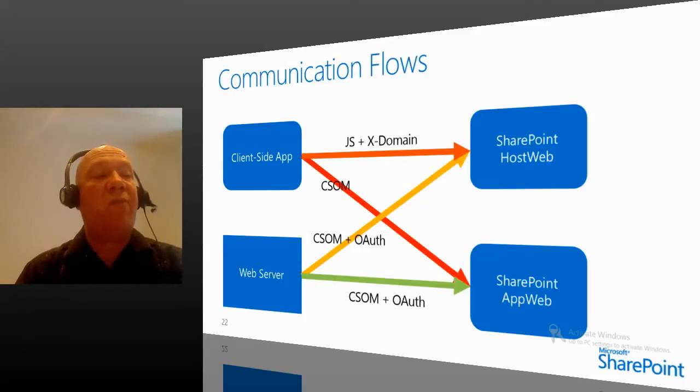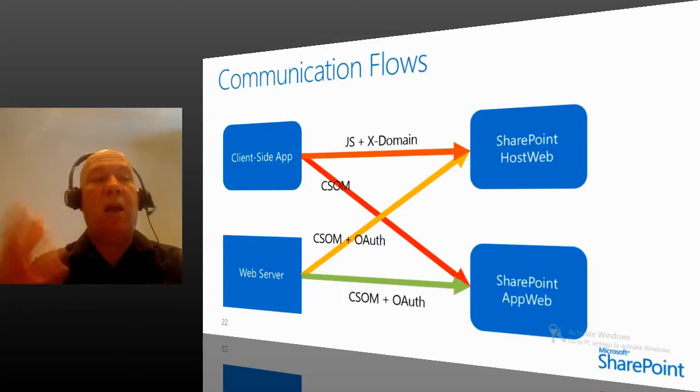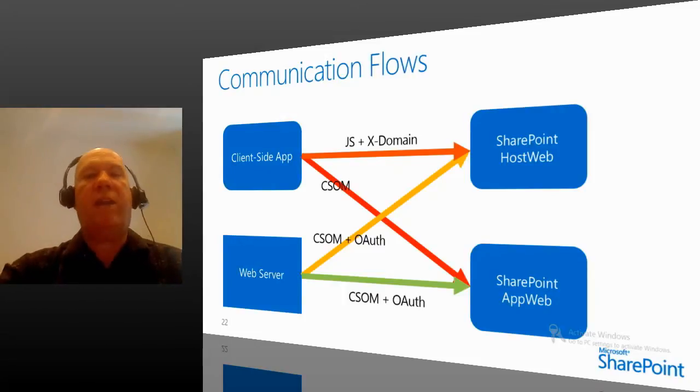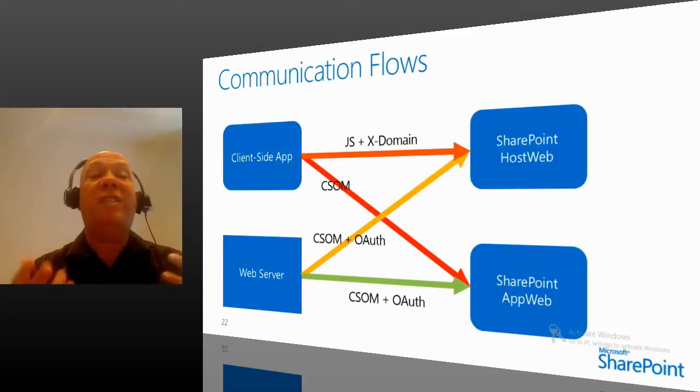If I'm trying to get from my client-side app to my SharePoint host web, I have a cross-domain problem that we'll drill down on a little bit. I need a solution to handle the fact that I'm a client-side application coming from the domain bruce.com, and I'm trying to communicate via JavaScript with client.sharepoint.com. So I have to deal with how I'm going to handle that side of it.